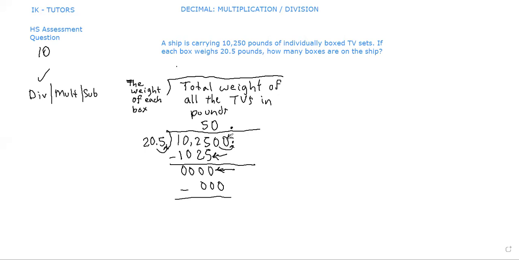And now we're going to bring down, we're going to check again. Does 205 go into 0, 0, 0? It does not. So we put another 0. Let's back it up a little bit. We bring down this 0 here as well. When we check to see if 205 goes into this number, it did not.